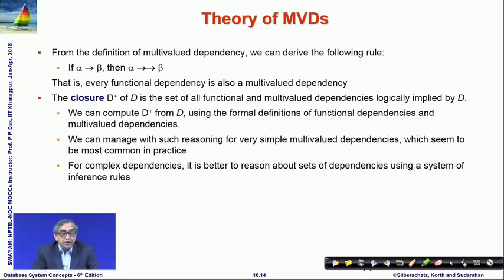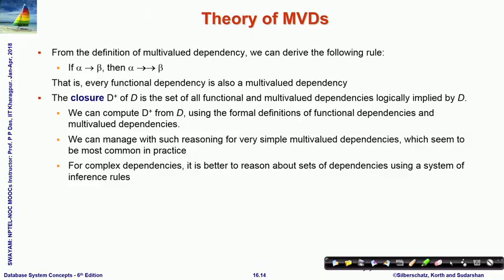There is a little bit of reference to the theory given here. I have mentioned that there are closure algorithms. Given a set of dependencies, which could be functional dependencies as well as multi-valued dependencies, you can define a closure of all of these dependencies together that are implied by the given set, and we can have all the parallel definitions: closure of the dependencies, minimal cover, canonical cover, and so on.